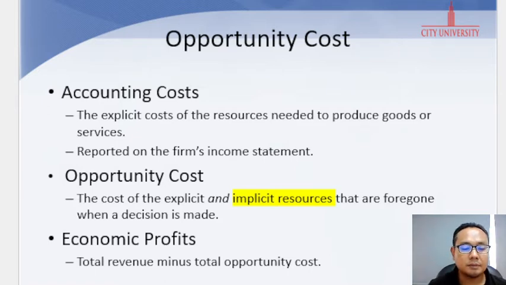Thus your accounting profit is 80,000. So 100,000 minus 20,000, that's accounting profit, simply 80,000. However, this accounting profit overstates your economic profit, because the cost includes only accounting cost.